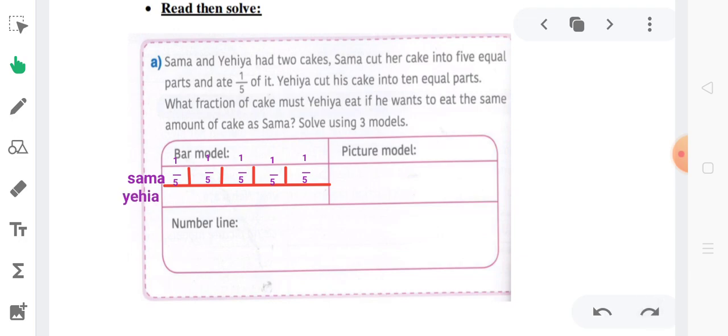And for Yahya, I will cut the same fifths, and then let's discover what we do here. I've got the total number, we put it in the denominator. What happens to the number 5 to become 10? We should multiply up and down by 2.